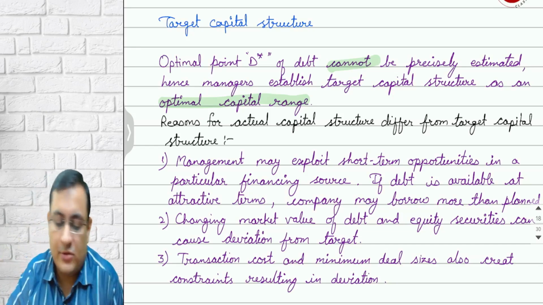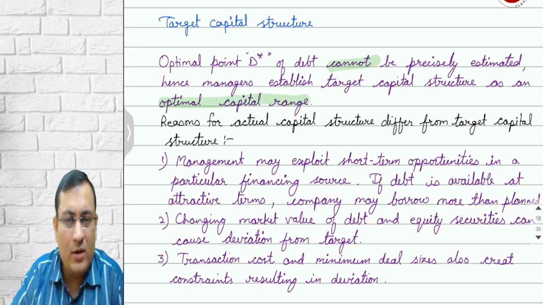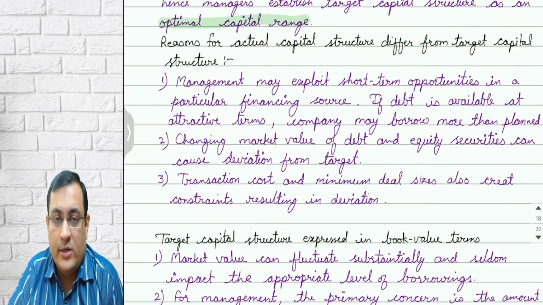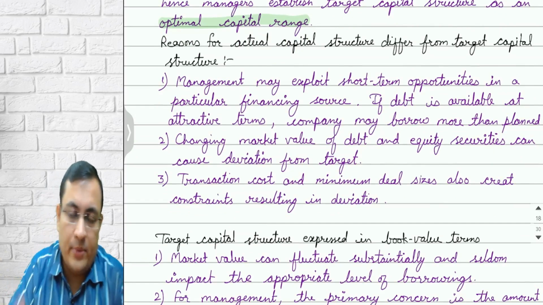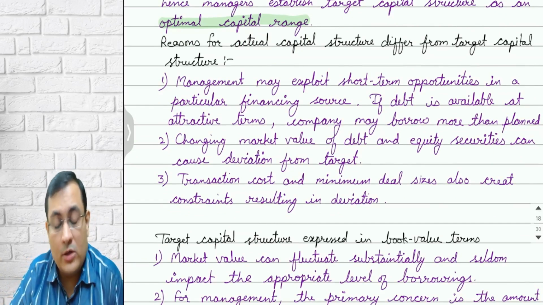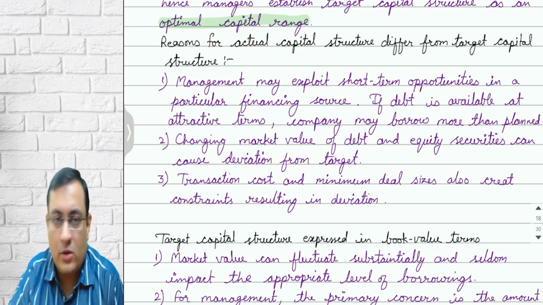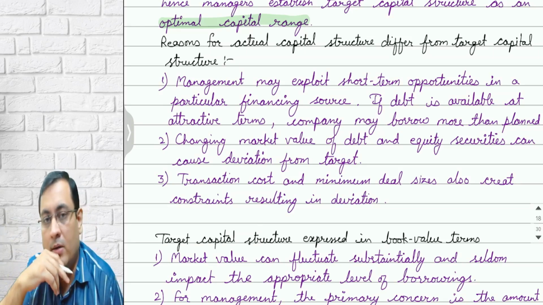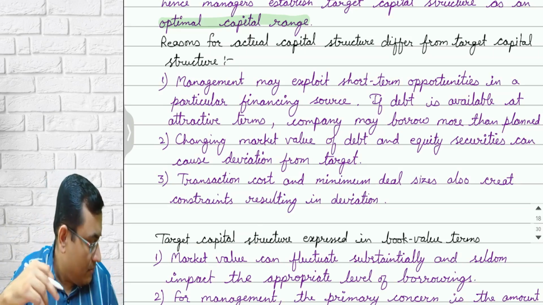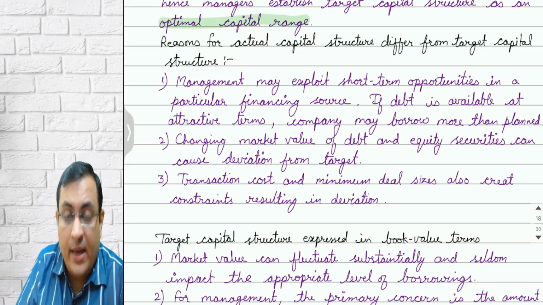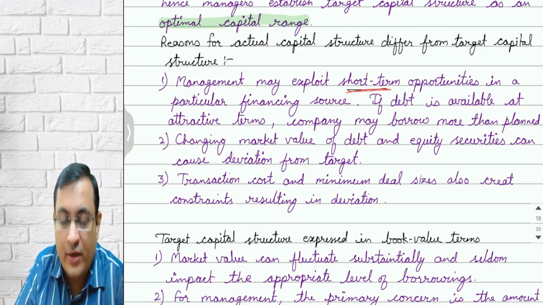But sometimes there are 2-3 small MCQ related topics. Why is your target capital structure different from actual capital structure? Because of various reasons, financial reasons as well as reasons coming from the market side. Management may exploit short-term opportunities. What type of short-term opportunities?